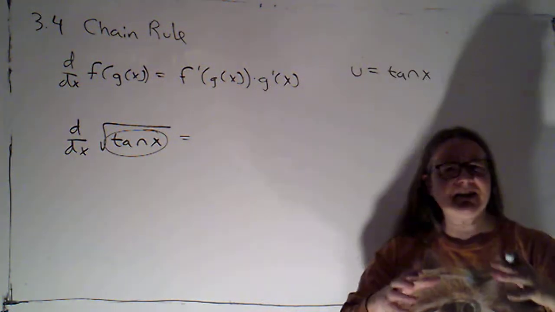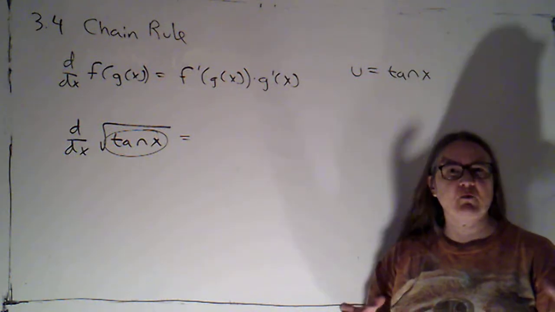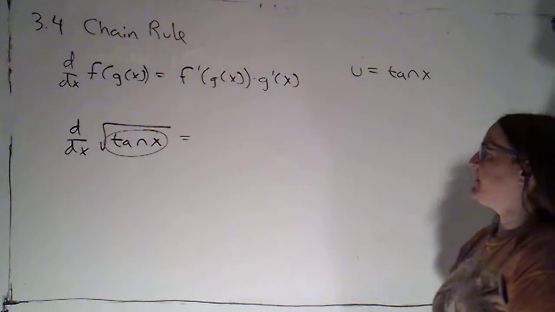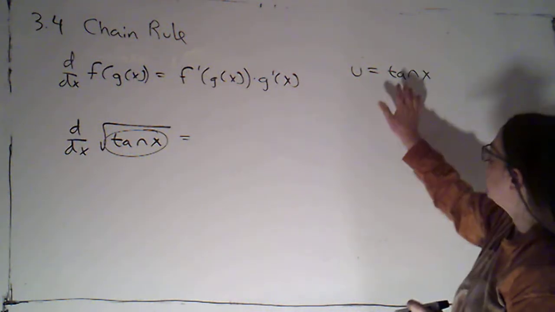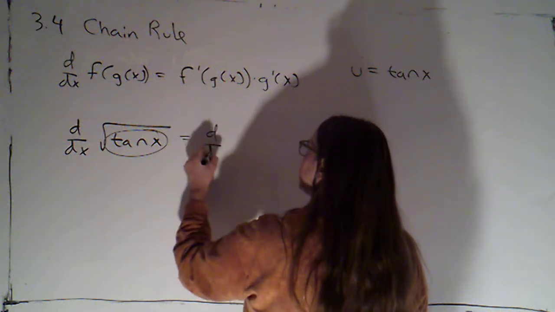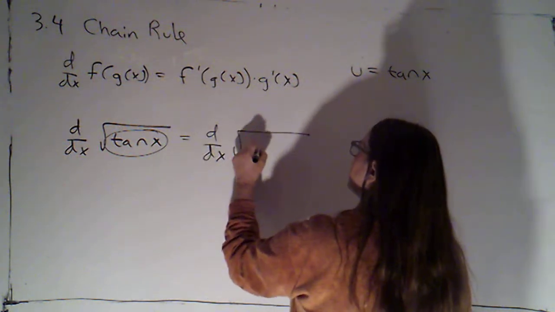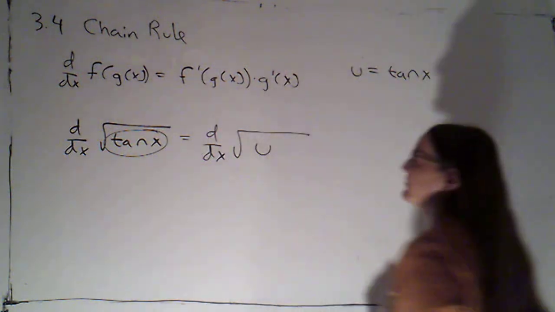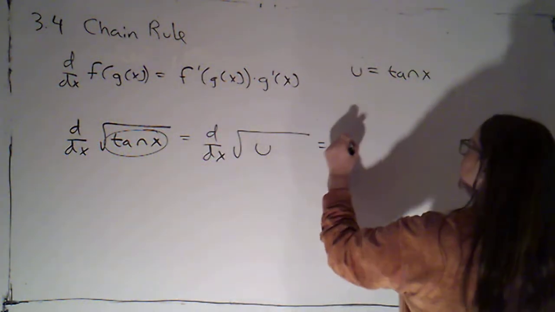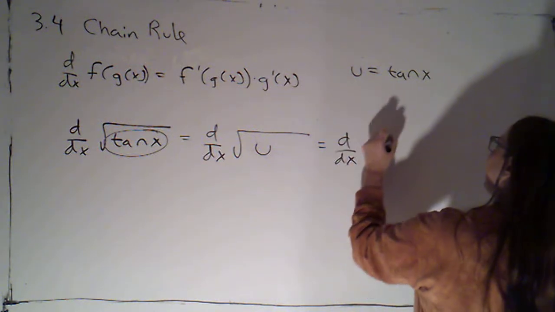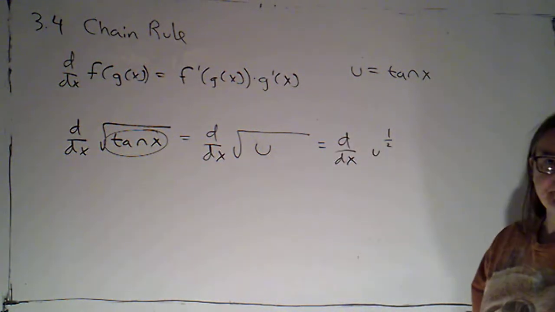So we sort of did this when we were looking at the gears, where we let u be the number of times that middle gear was spinning. That was our inside part. I'm just going to name that u. And then I can rewrite this as the derivative of the square root of u, which would be the derivative with respect to x of u to the 1/2.